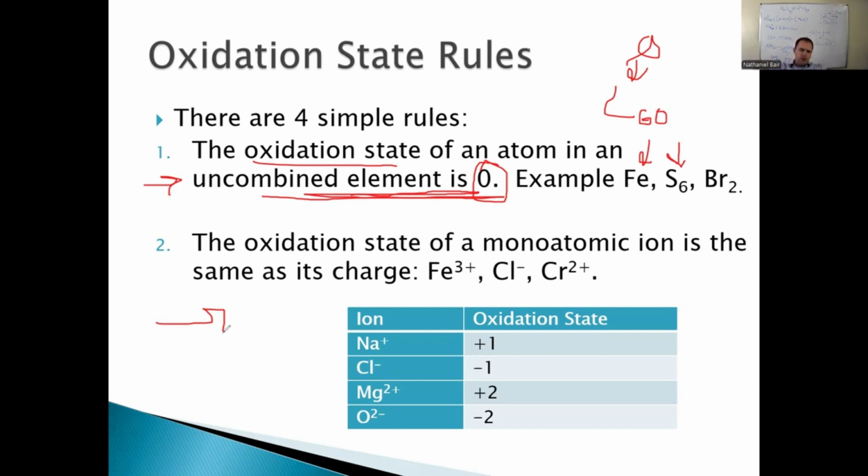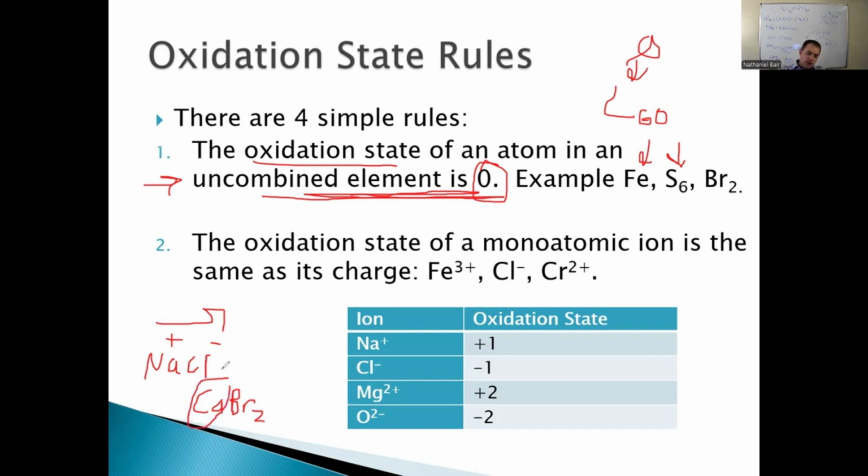For example, sodium chloride is an ionic compound. Sodium has a +1 charge and chloride has a -1 charge. Those are the oxidation states. That sodium is in the +1 oxidation state, and that chlorine is in the -1 oxidation state. Charge is oxidation state. Another example would be calcium bromide.